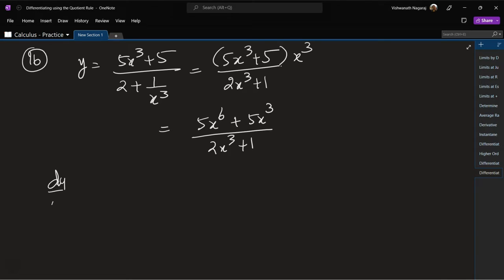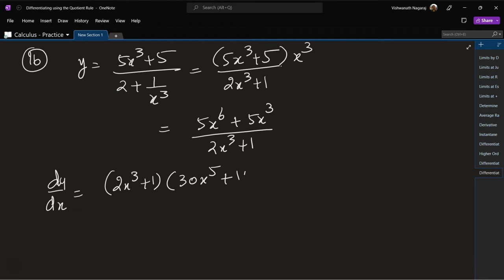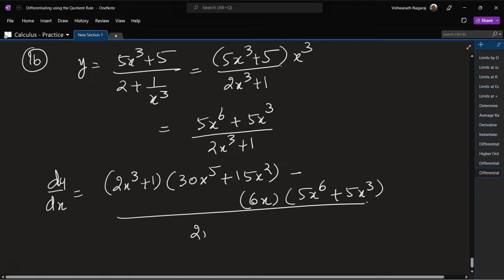Okay, so dy by dx is equal to (2x cube plus 1) times (30x to the power of 5 plus 15x square) minus 6x times (5x to the power of 6 plus 5x cubed), divided by (2x cubed plus 1) square.